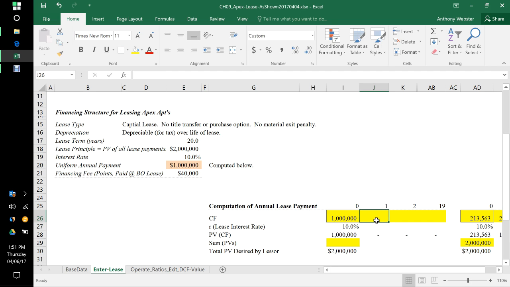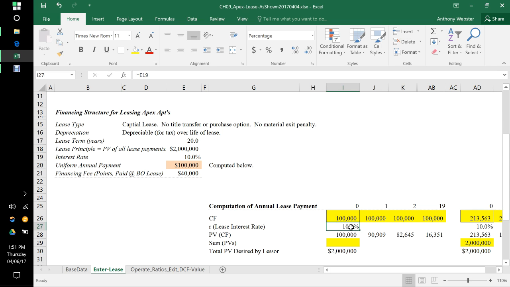And this is a uniform pay, amortizing lease, so every payment is going to be equal to every other payment. So I put that in, and let's reduce this by an order of magnitude to 100,000. That's more like it for a 20-year lease.